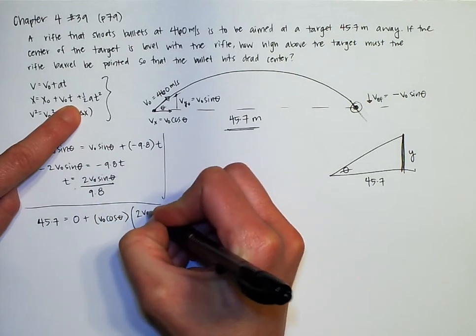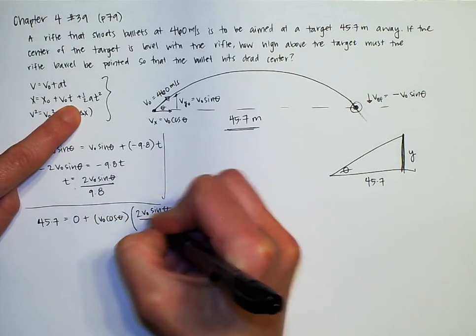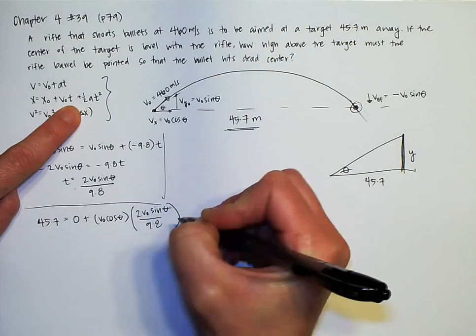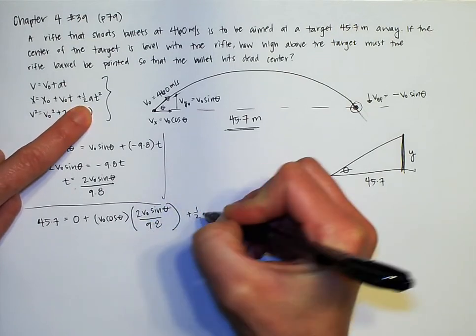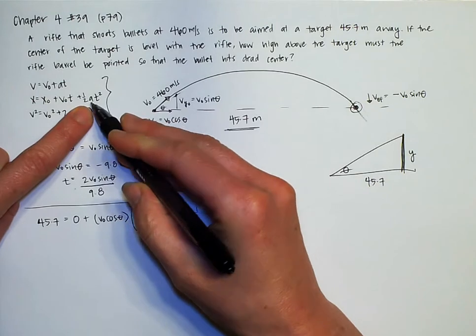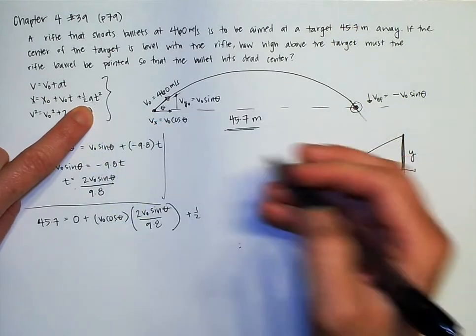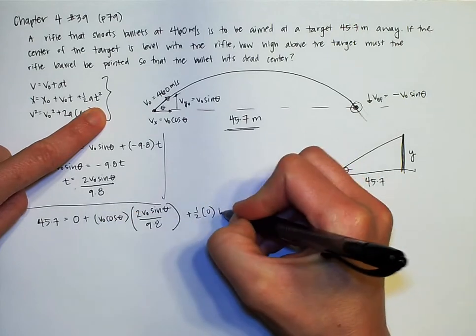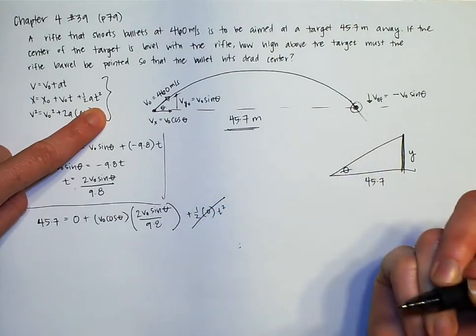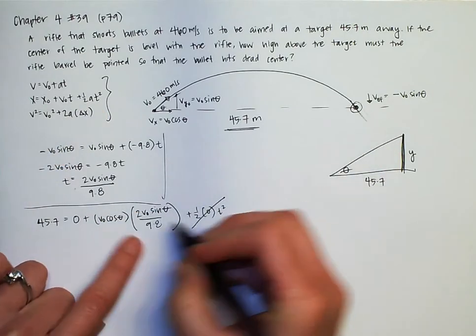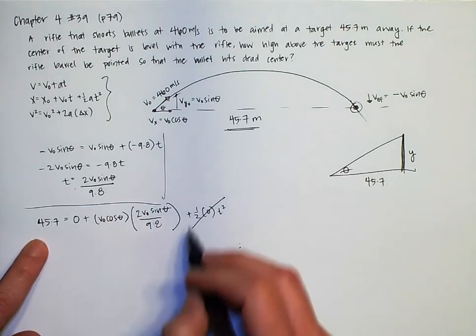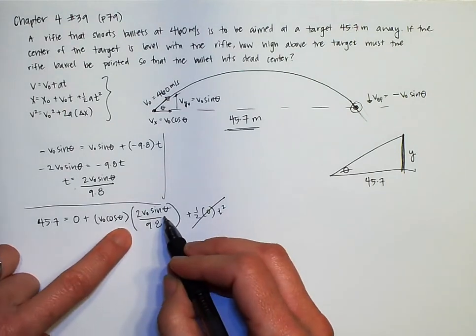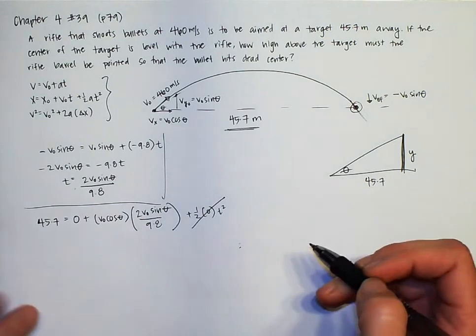So I have 2 V naught sine theta over 9.8, and then plus 1/2. Very fortunately for us, the acceleration in the x direction is 0. And that's super fortunate because I wouldn't want to have to square that. So this becomes 0. And now we have an expression with everything we know. The only thing we don't know is theta, which is great news because that's what we want to figure out.